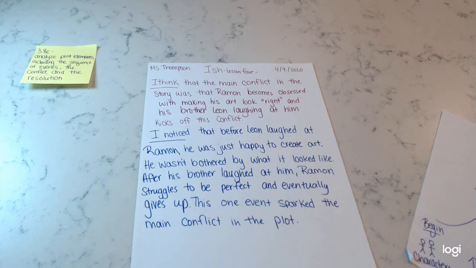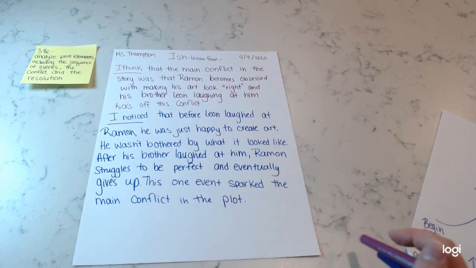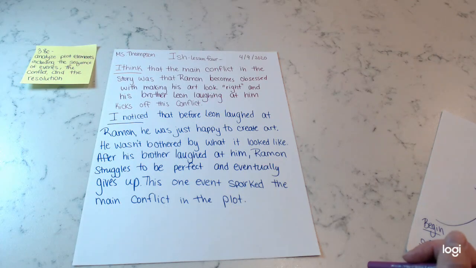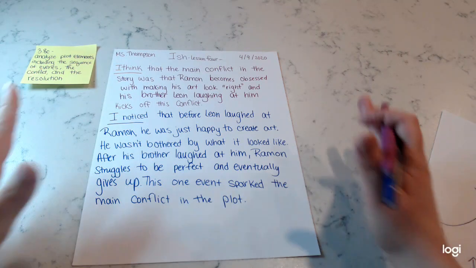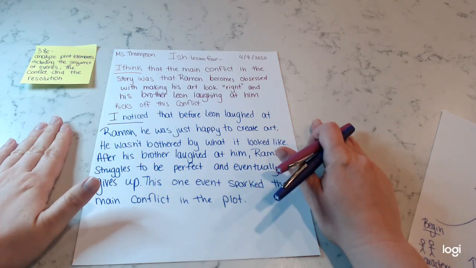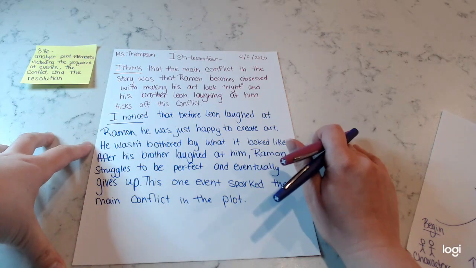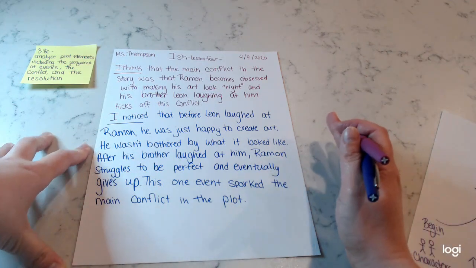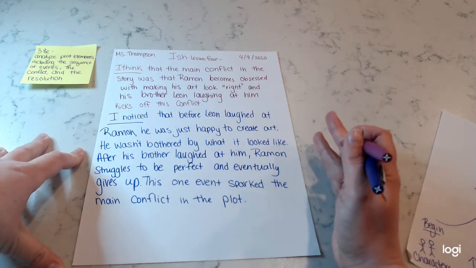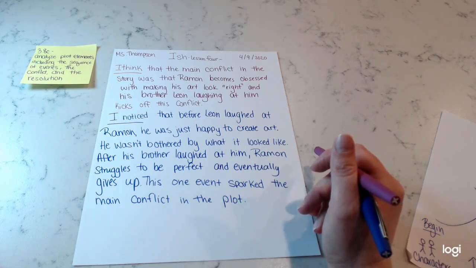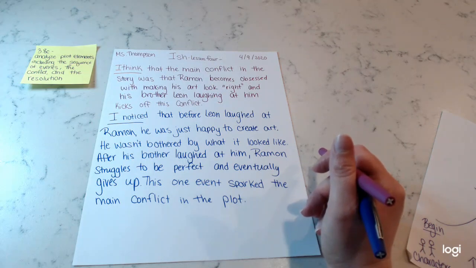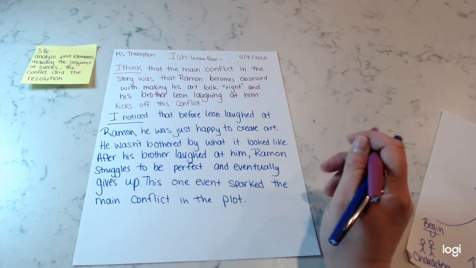So your goal for today is to think about a story that you have read or have had read to you, and to think about the events that sparked the main conflict in the story. And you are going to write a CER. You'll submit this into Seesaw so we can see and give feedback before you have your performance task tomorrow, where you're essentially going to do the same thing, but you'll have your feedback from your teachers, and you'll be able to fix things and make it perfect for your performance task.